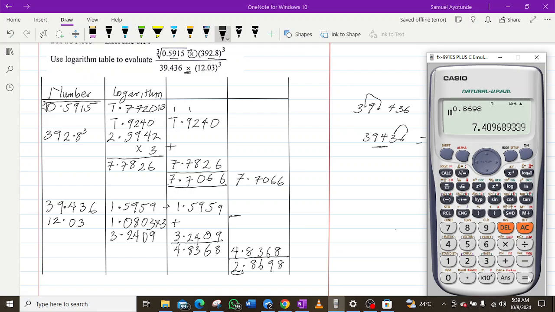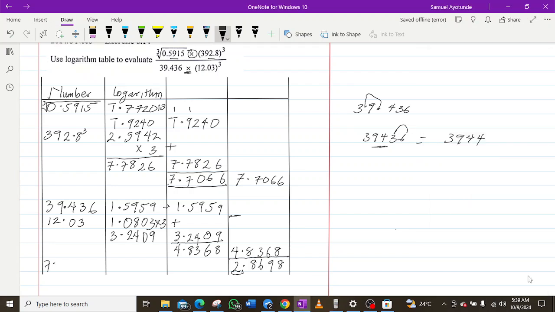That becomes 7.4097. So we have 7.4097 times 10 raised to the power of the whole number here, which is 2. If we evaluate this standard form to ordinary form, we have 740.97. You can decide to leave your answer in standard form. You're absolutely correct if you do that. So this is the solution.